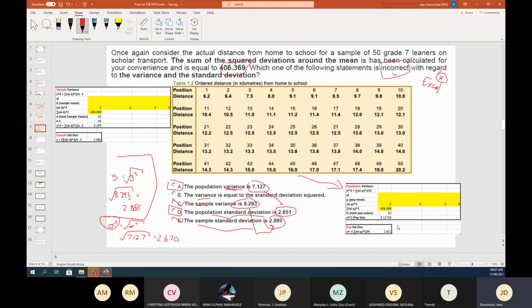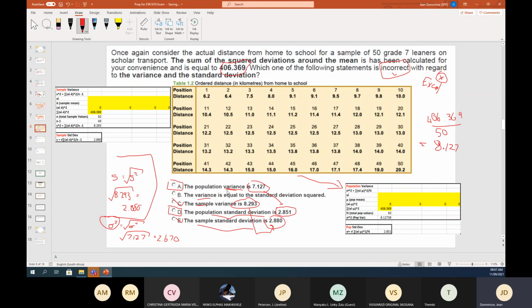Then I can go to my population variance, where I still need to use the formula. I think the formula is as simple as that divided by 50. 406.369 divided by 50, yes, which is 8.127.